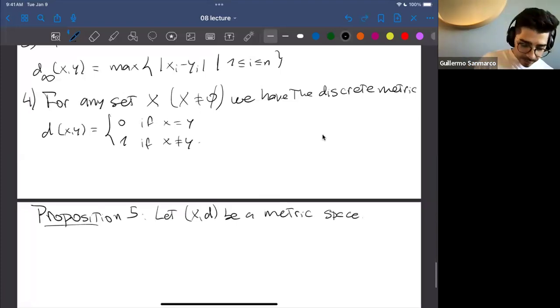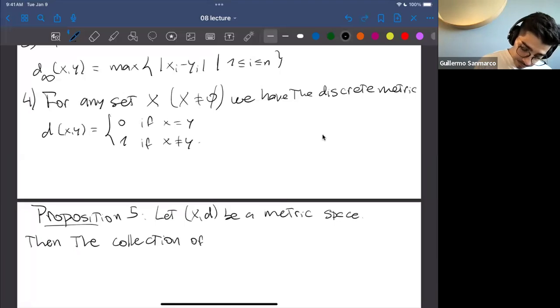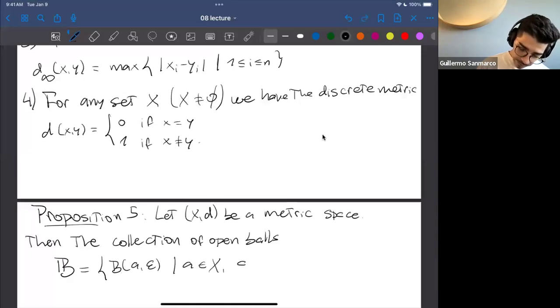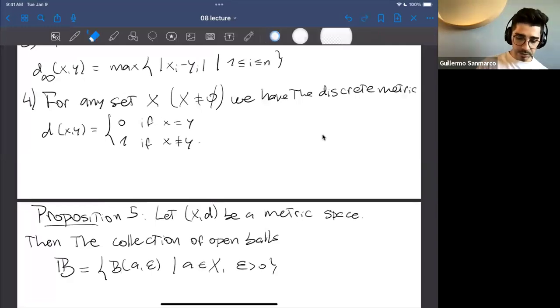You have a metric space, and the claim here is that the collection of open balls, let's call it script B, of all B(a, epsilon), where a is any point in X and epsilon is any positive number, is going to be a basis for some topology.